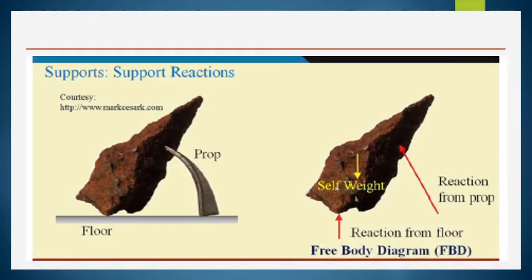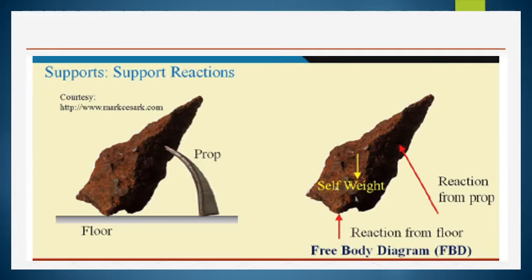In this diagram, you can see a stone or rock resting on a floor, but the rock is in equilibrium by an extra support, the prop provided on the other side. So both the reactions from the floor as well as from the prop keep the rock in equilibrium. If we remove that prop, then the rock may fall down.